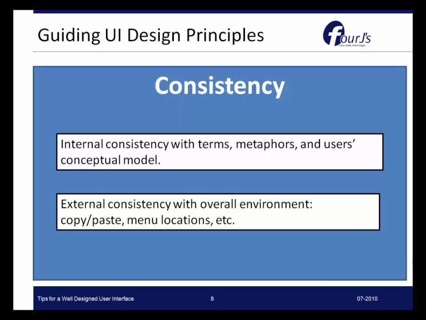If it's something else, you would want to choose something that is consistent for them. External consistency means that the copy-paste command keys and options and the menu locations are all comfortable given the user's current environment.